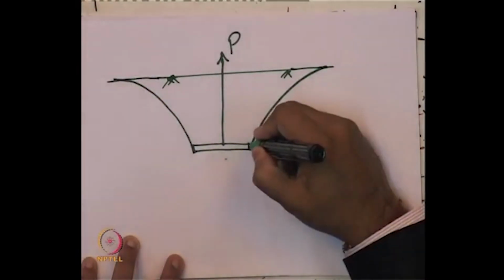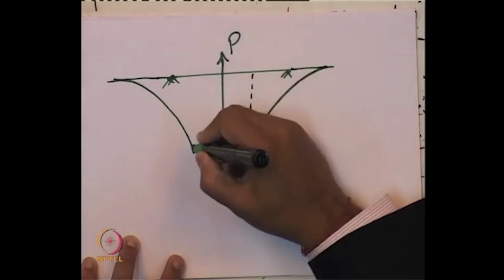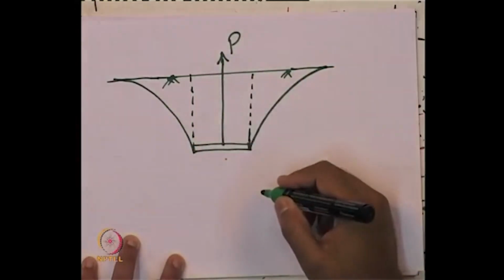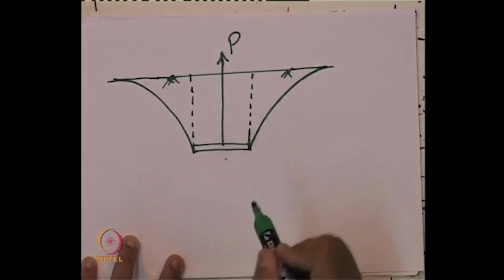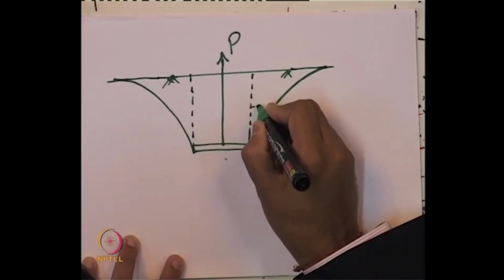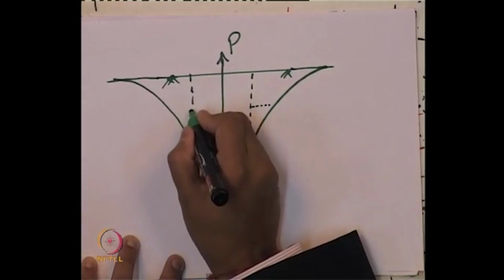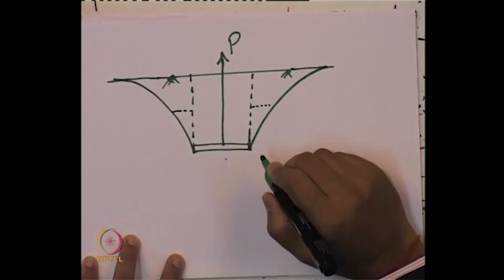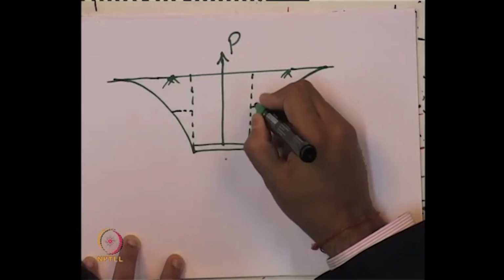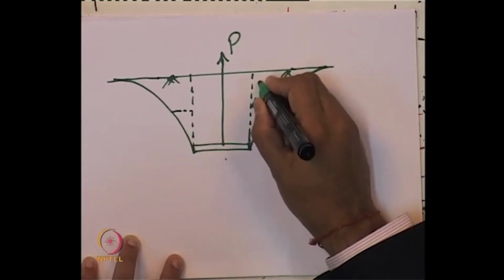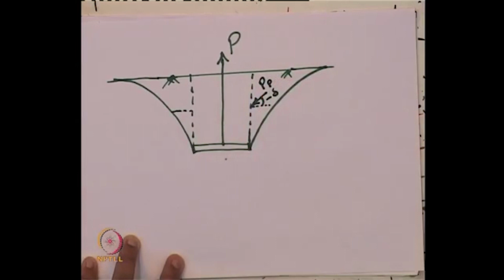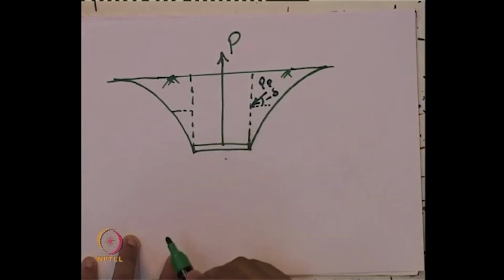So, if we consider this as an imaginary retaining wall, what is happening? First of all, if we take this normal on this side, there will be a force in this direction, which we will call negative delta Pp. Why is it passive earth pressure?